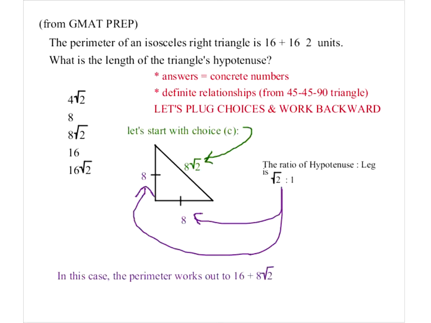And again, you don't really need any fancy algebra to figure this out. You do need to know the facts for the 45-45-90 triangle, but beyond that, you don't need to know how to do much else. But since this is too small, we know that we can eliminate 3 options here. We can cross off this, and we can cross off the ones that are smaller.